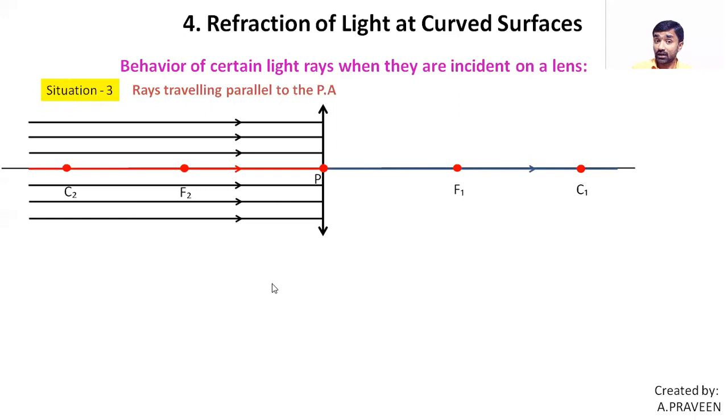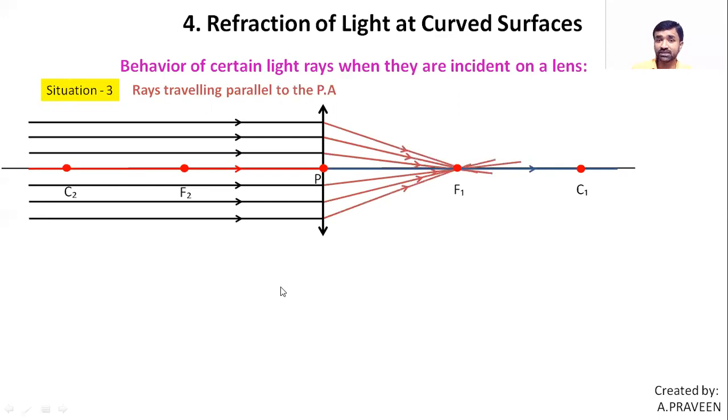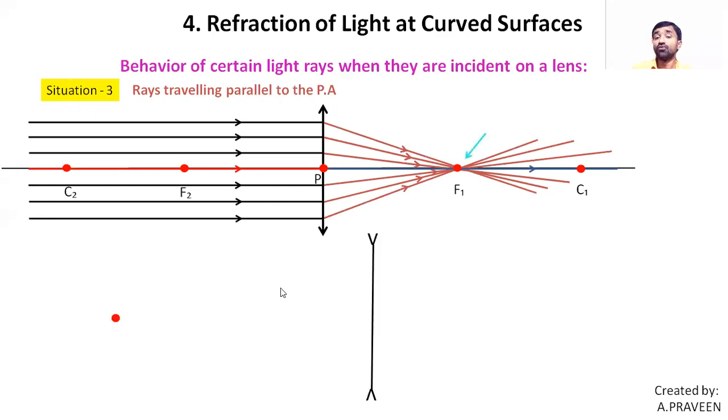Another ray parallel to the principal axis, after refraction, converges at the focus in the case of a convex lens.